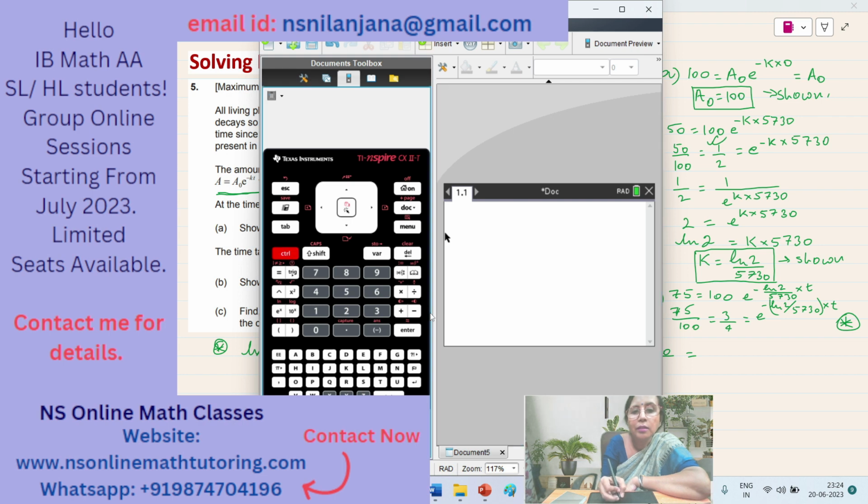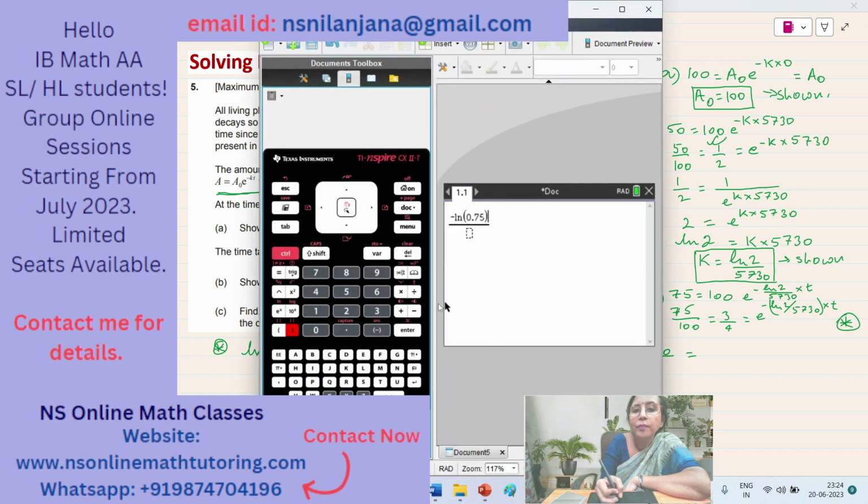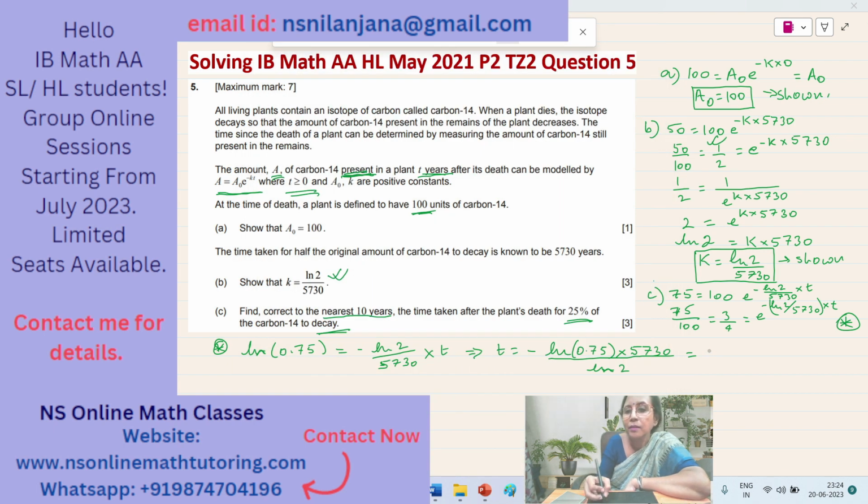So it is negative ln of 0.75 times 5730 over ln of 2, which is 2378.16.